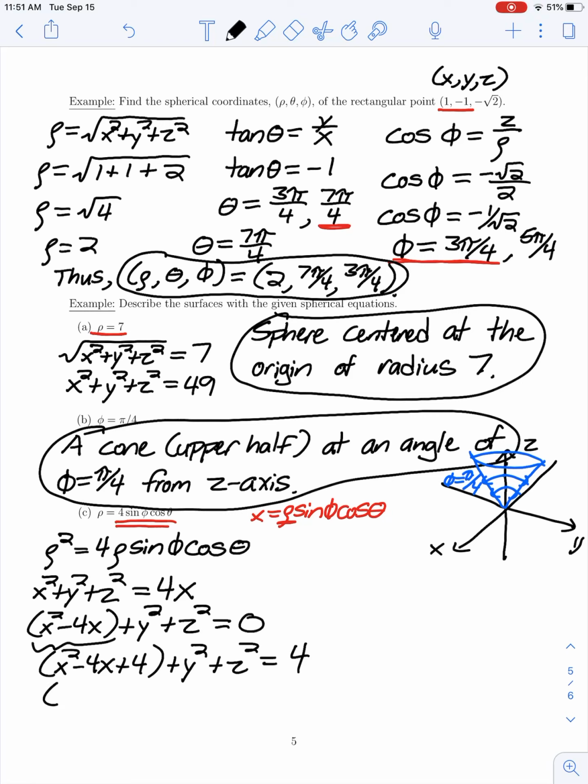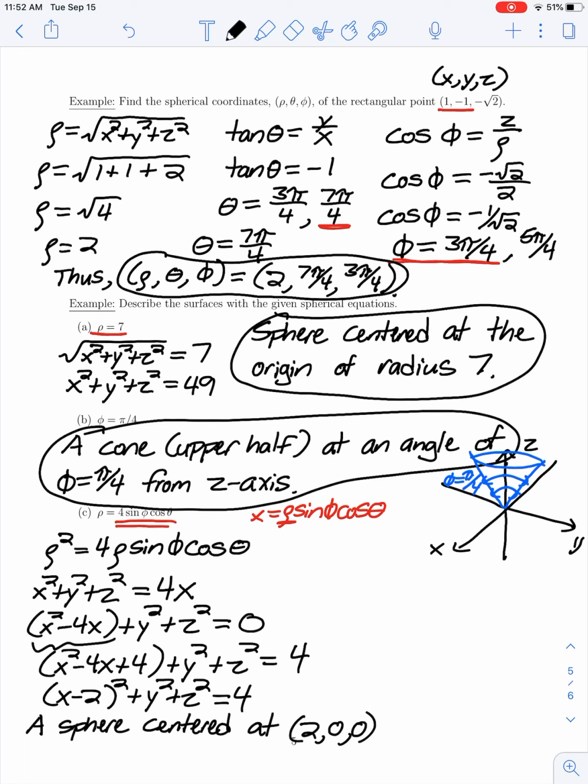And I can now factor this x quadratic as x minus 2 quantity squared plus y squared plus z squared is 2 squared. So this would represent a sphere centered at the point 2, 0, 0 with radius 2.